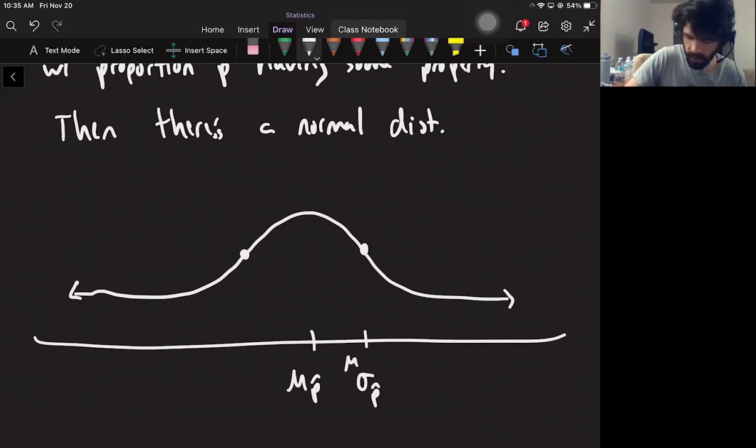So you add that amount to get to the right hand inflection point, and you subtract that amount to get to the left hand inflection point.